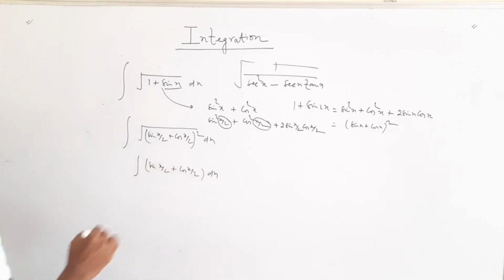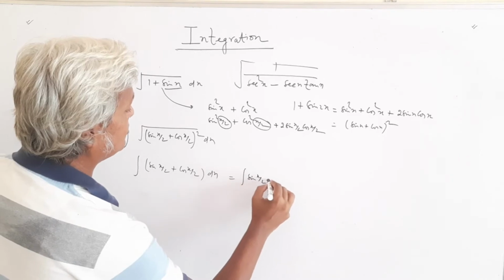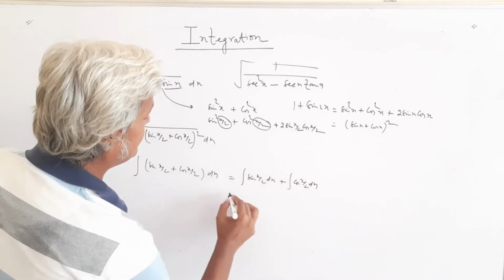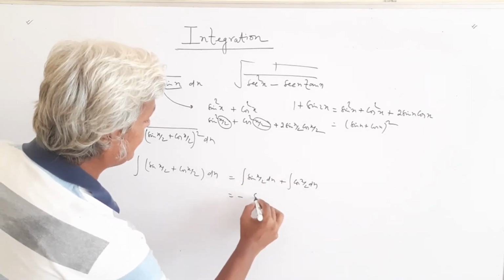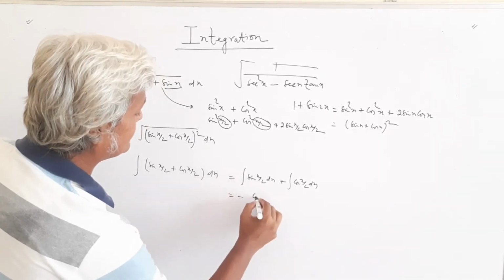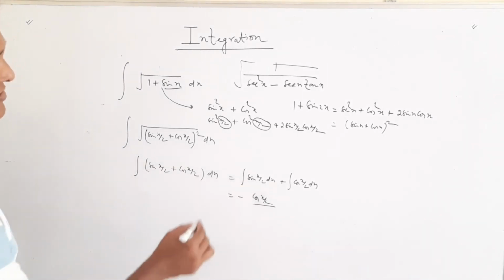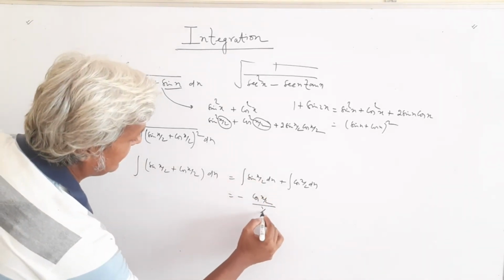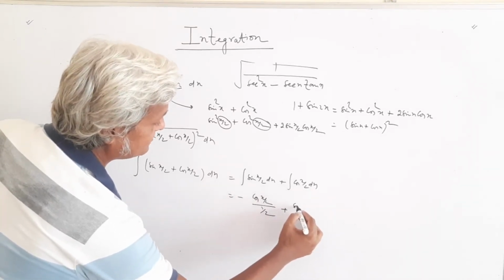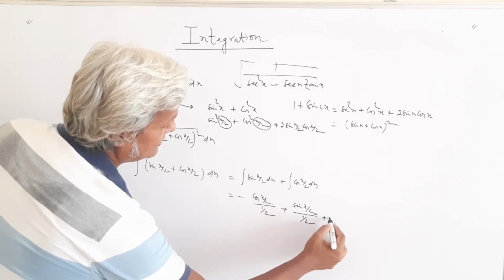Now this is the integration of a sum, so you find the integration of the sum: integration of sine x by 2 dx plus integration of cos x by 2 dx. Integration of sine x is minus cos x, so minus cos x by 2 divided by the derivative of x by 2, that is half, plus integration of cos x by 2 is sine x by 2 upon the very same half, plus c.